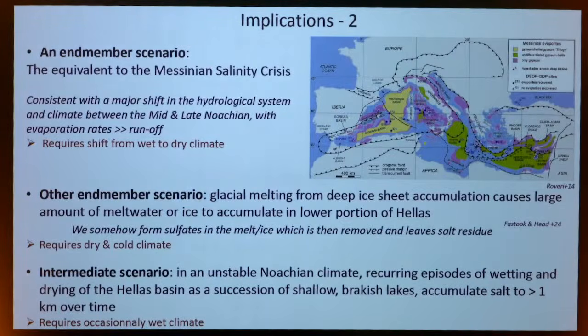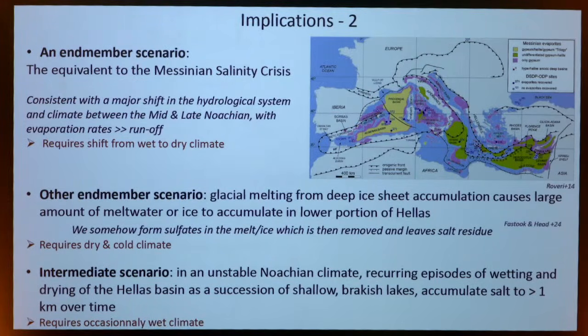End-member scenarios. One end-member scenario could be the Messinian salinity crisis of the Mediterranean, which many of you probably know of, which is when the Mediterranean closed up and mostly dried up. And as a result, most of the current seafloor deposits in the Mediterranean are kilometers thick of gypsum and halite. This is when we were drying up the Mediterranean, and then it flowed back in catastrophically, but the salts are still there.